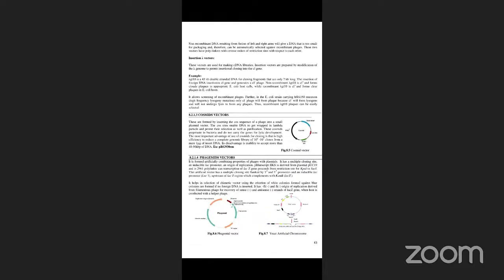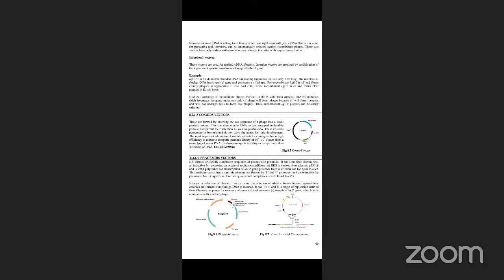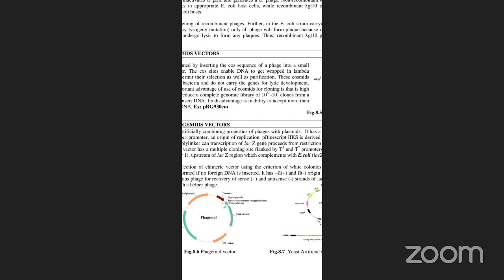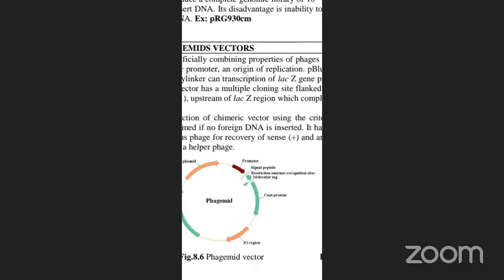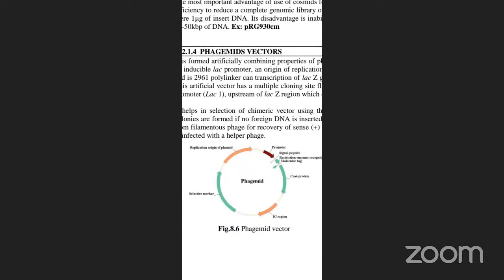Then phagemid vectors. They are also artificially combining bacteriophages with plasmids. So this is the phagemid. This is the selection marker, the green colored one.